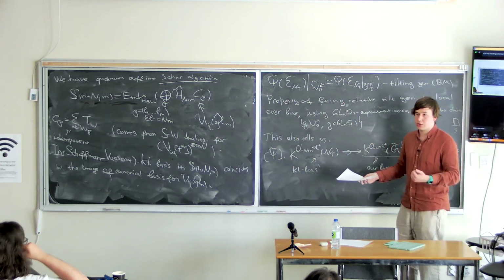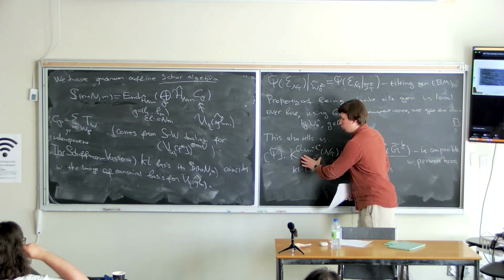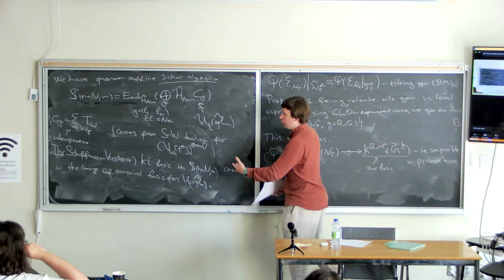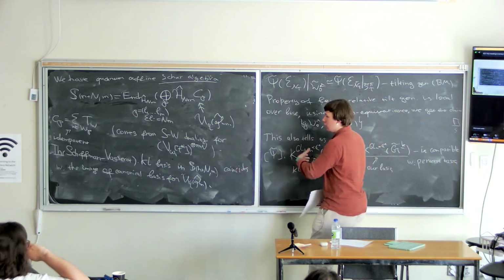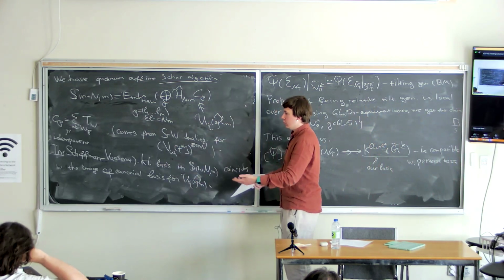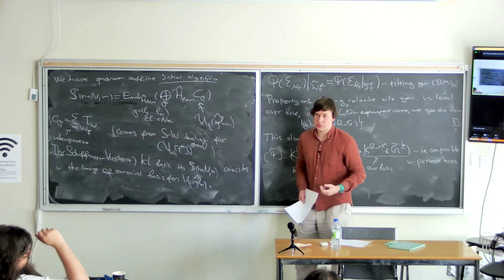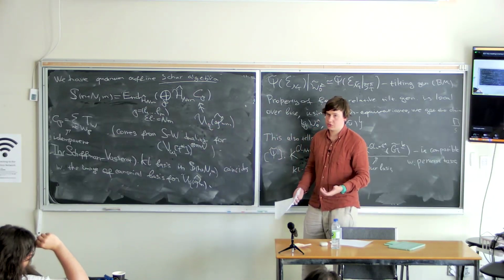So we have a geometric construction which guarantees that our basis comes from this Schur algebra, so from the Hecke story and Kazhdan-Lusztig basis here. And we have a purely algebraic result which tells us that a basis which comes from such a construction is actually the canonical basis for this affine algebra.